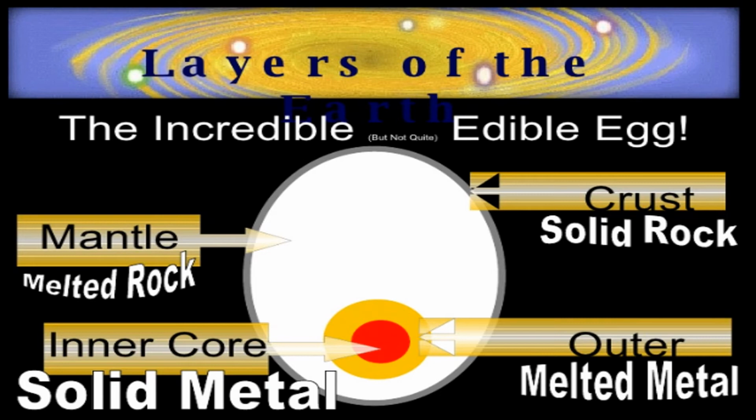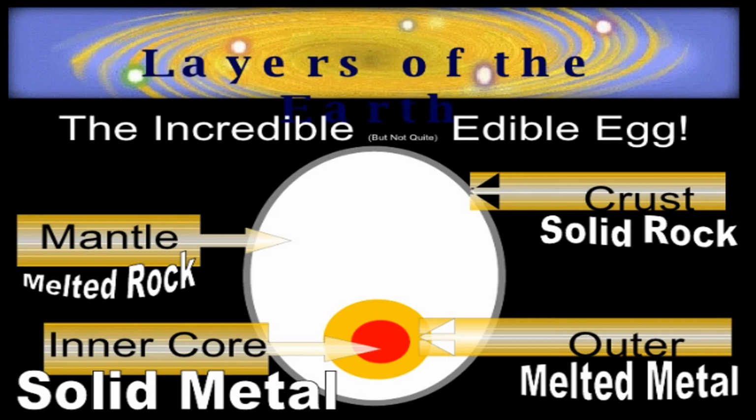So here we are going to be comparing the model of the egg with the Earth. The shell of the egg is compared with the outermost portion of the Earth, that is the crust.